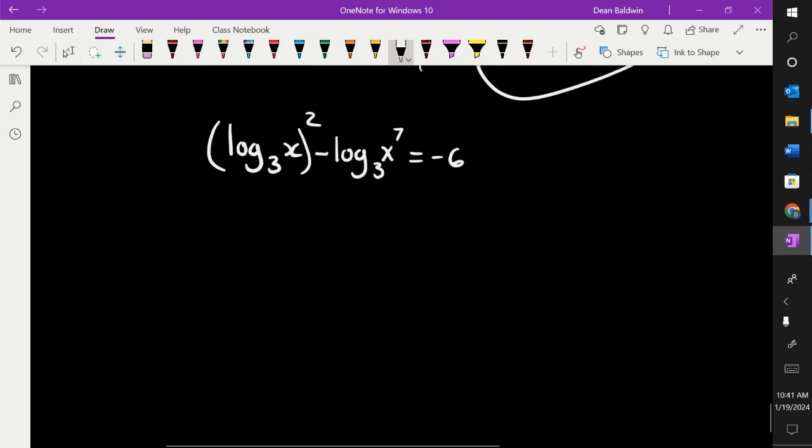Remember these? Oh yeah. Remember these ones, peoples? This is for you, Emma. All right. So, when you have one of the logs in brackets, all squared, can you drop that 2 down?